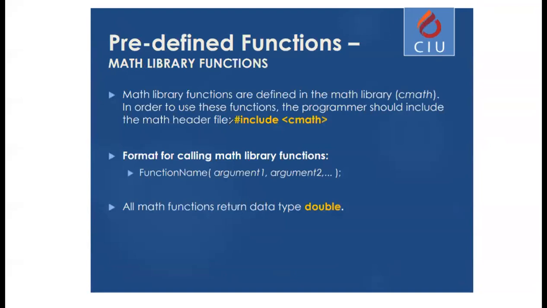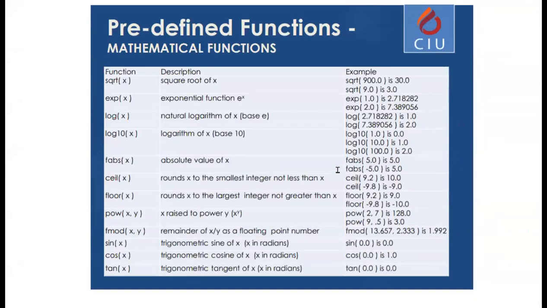Once you have included the statement, it puts the library there, and now you can use the function. This allows you to control many things and do a lot of operations.